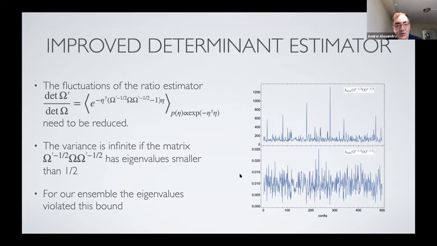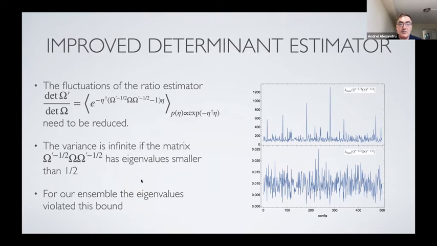But more importantly, the part that you're interested in, the lower part of the spectrum, is much lower than the 1/2, 0.5 limit, where the estimator of the determinant ratio has an infinite variance.